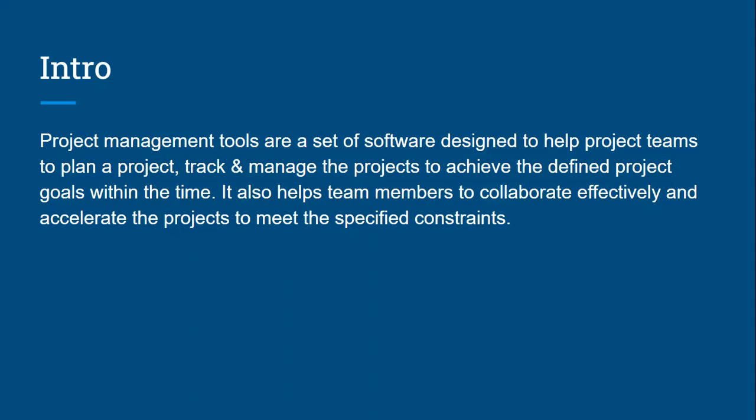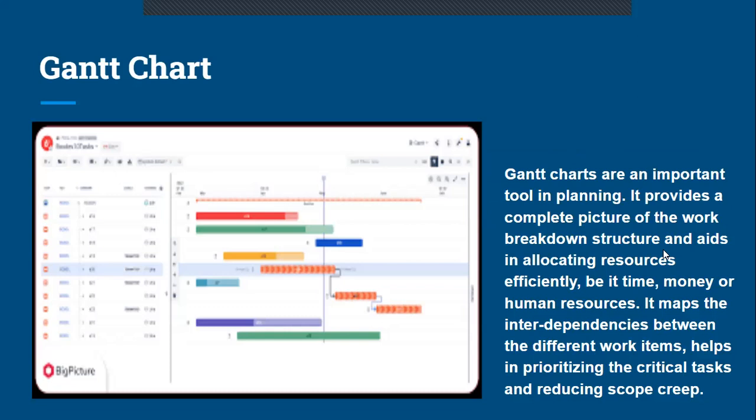So let's dive into some of the project management tools we have. Firstly, let's talk about the Gantt chart. I'm sure a lot of us are very familiar with what the Gantt chart does and how to use it. As a project manager, this is the tool you can't do without. You have to always use it.